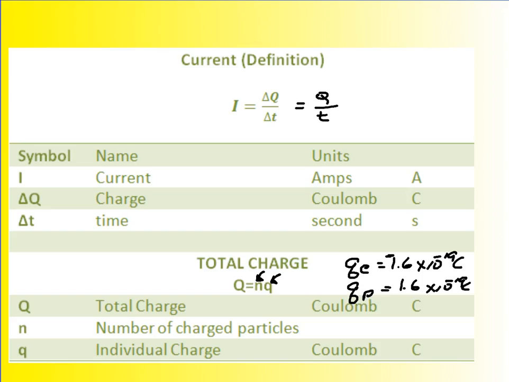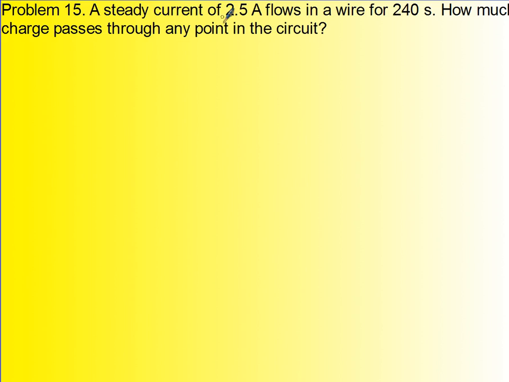Now, suppose I have a steady current of 2.5 amps. This is my current, I equals 2.5 amps, flowing in a wire for 240 seconds. So my time is 240 seconds. How much charge passes through the circuit?